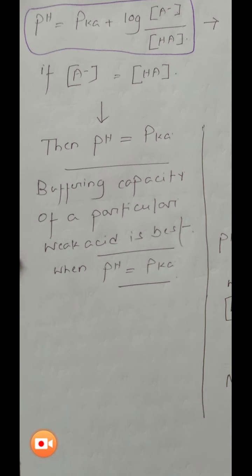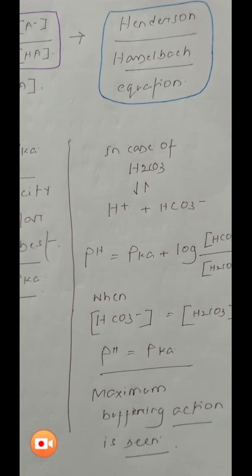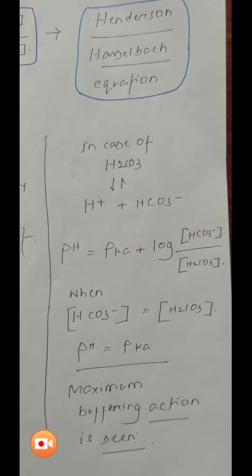Then if pH equals pKa, the buffering capacity of a particular weak acid is best. But why and how? Say, in the case of carbonic acid, a weak acid H2CO3, it dissociates into H plus and HCO3 minus.